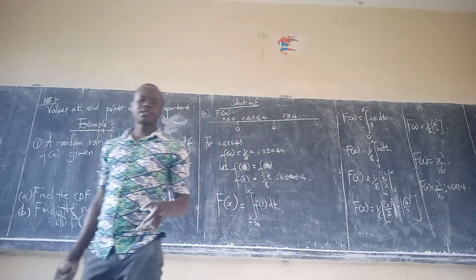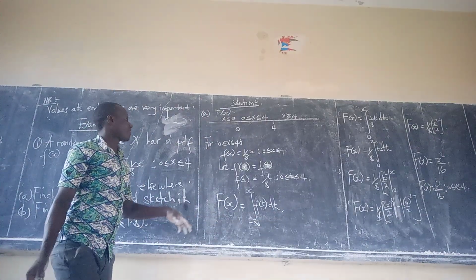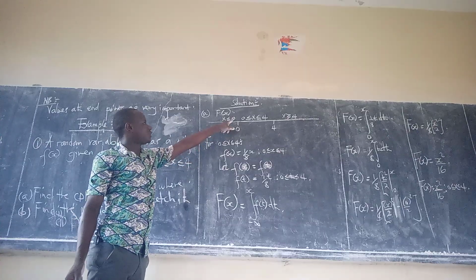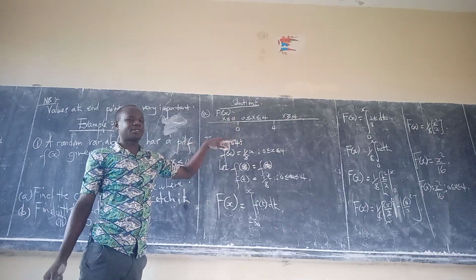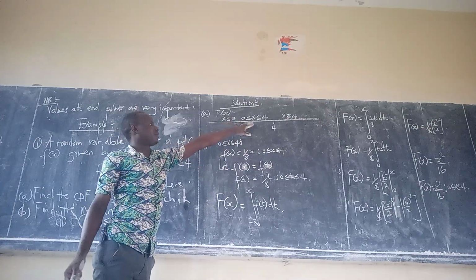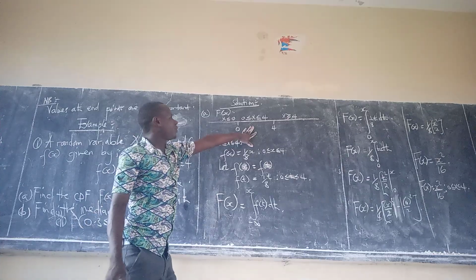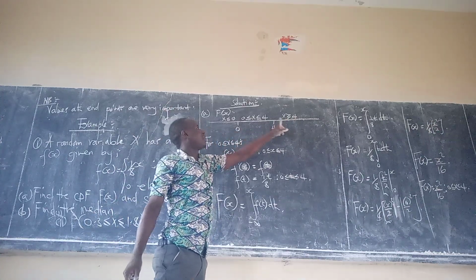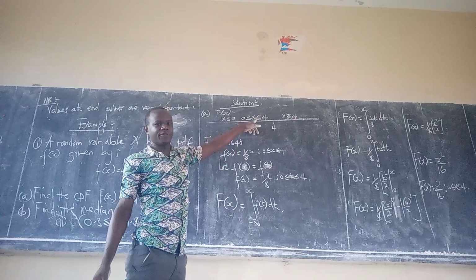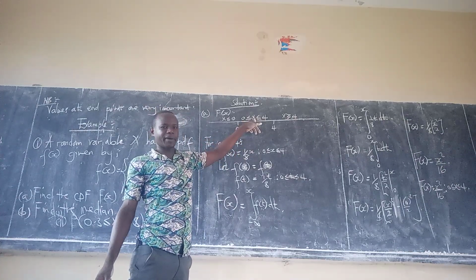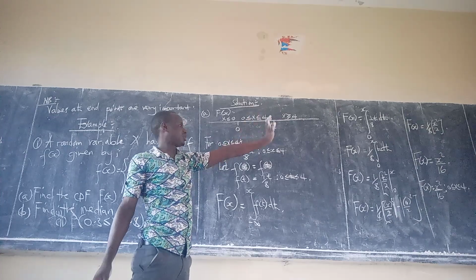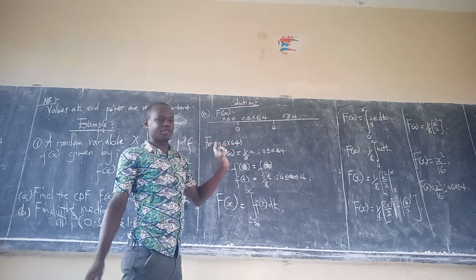Now if you want to get capital F of x of the first interval, you get this 0 and you substitute it in the capital F of x of this one. If you want to get capital F of the last interval, you get 4 and you substitute it in the capital F of x of this middle part. If they were 3, the logic wouldn't change, but we are beginning with a simple one.